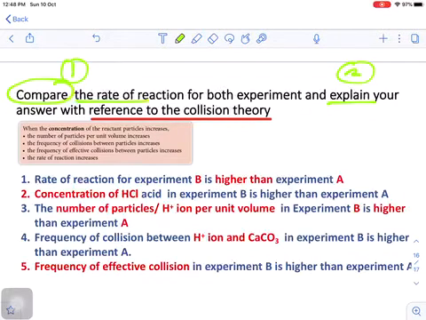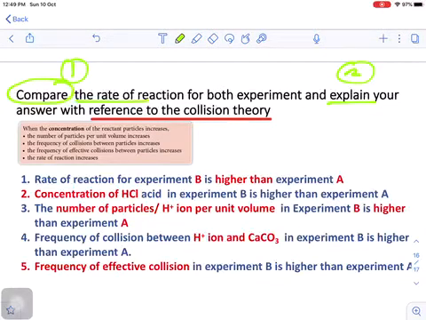Next, why? So the point number 2, you must state the factor. So our factor is concentration. Concentration of hydrochloric acid in experiment B is higher than experiment A. Okay? So, why? What is the effect of concentration? So we go to point number 3.